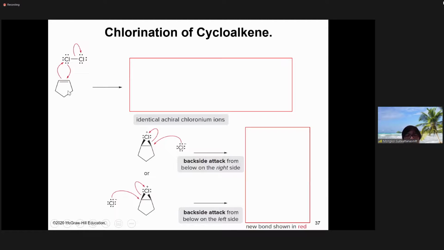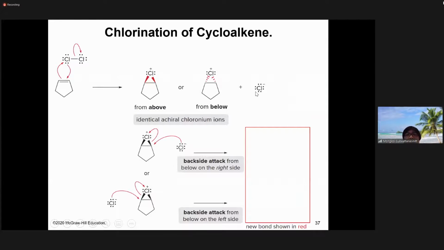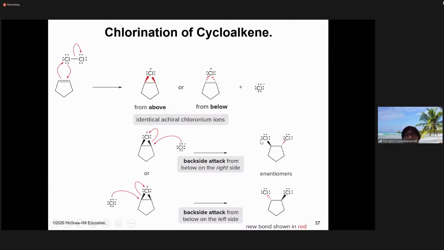With the cyclic compounds, it's easier to see. In the cyclic alkene, the anti-addition will give you the trans product. You get the intermediate here as a chloronium ion, which could have the chlorine on the upside or on the downside.